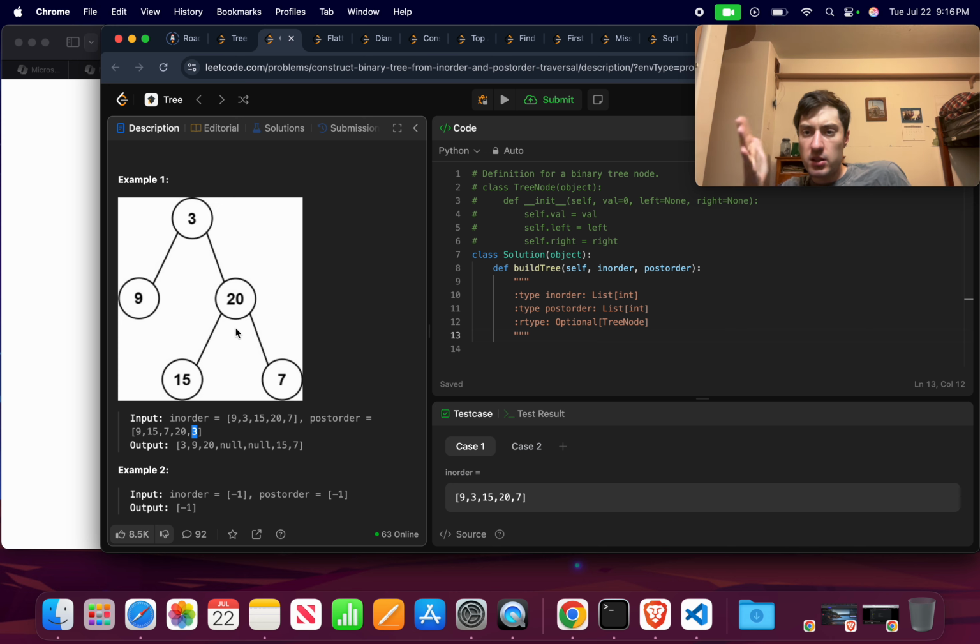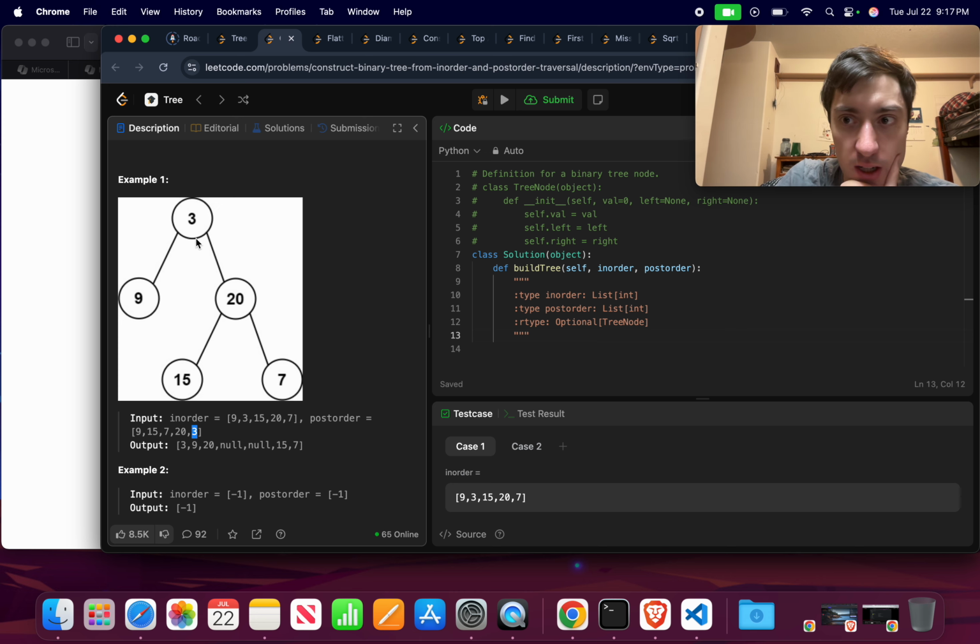Is there some way that I could flip? Because if I did it pre-order, that's what I'm thinking. If I did a pre-order and pre-order gave me the head, okay, and now I'm seeing here 3 is at the end. That's kind of interesting. Maybe pre-order and post-order are the exact opposite, and I can look towards the end to see where the head is.